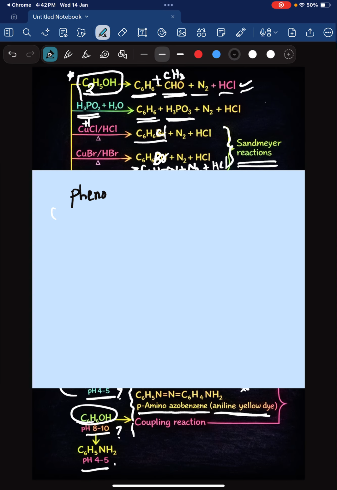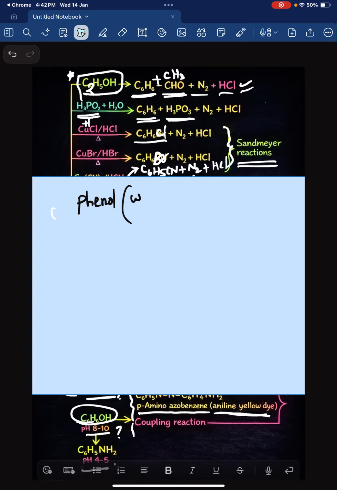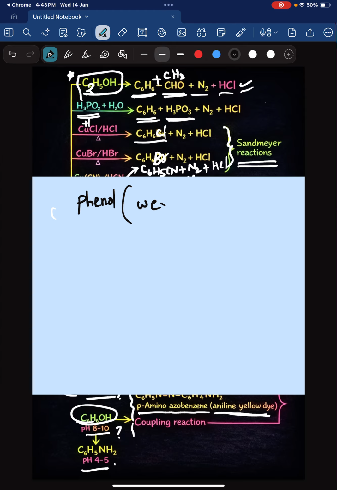Phenol, the pH value is... Phenol is a weakly activating group.